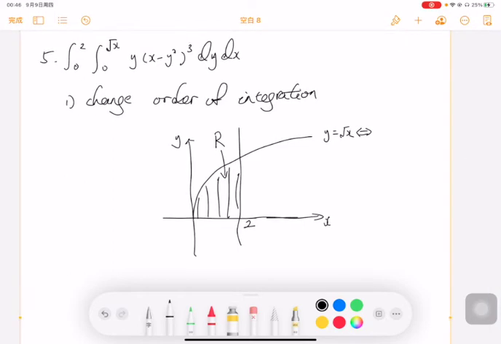All right, so y equals square root of x is the same as x equals y squared, because this region R lies entirely in the first quadrant, so we don't really have to worry about the sign here.